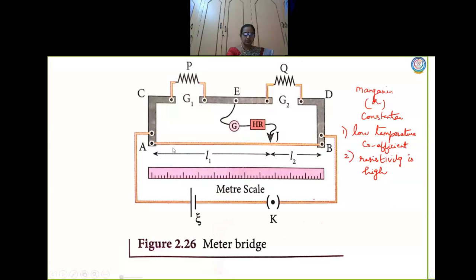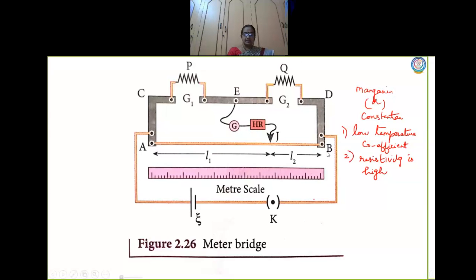So these two lengths replace the resistances R and S of the Wheatstone's network. In Wheatstone's network we connected four resistors. You remember P, Q, R, S. You can refer to the Wheatstone's network on the same page, to your left side in the textbook. So the resistors R and S are replaced by AJ and JB.